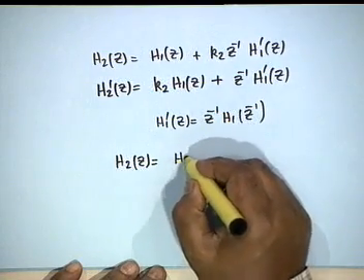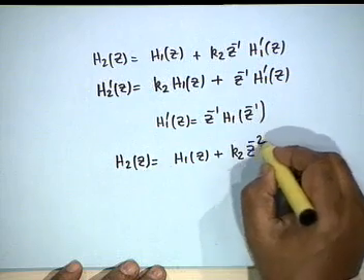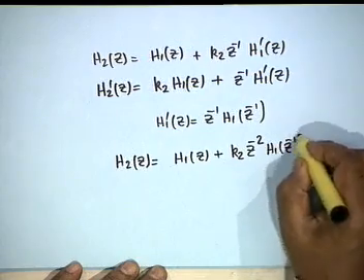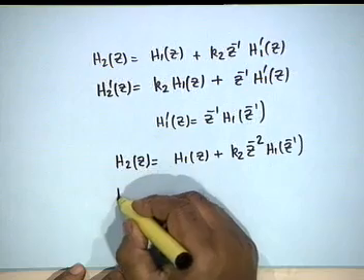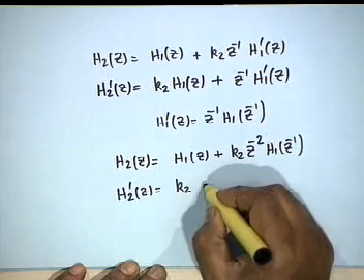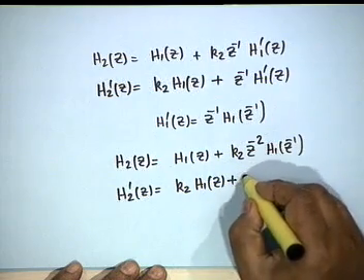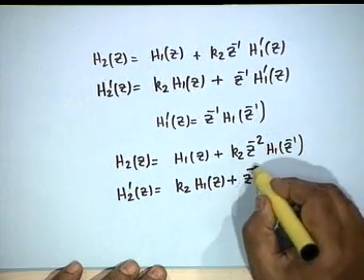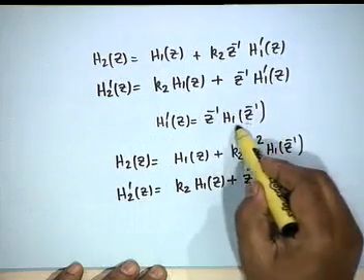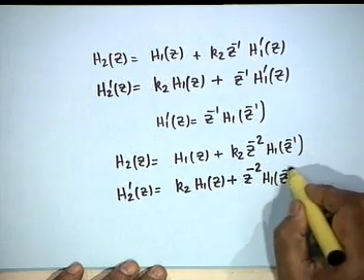Then you get H2(z) as H1(z) plus K2 z to the minus 2 H1 of z inverse, agreed, and H2'(z) as equal to K2 H1(z) plus z to the minus 2, right, H1'(z) is equal to z inverse this, z to the minus 2 H1 of z inverse.